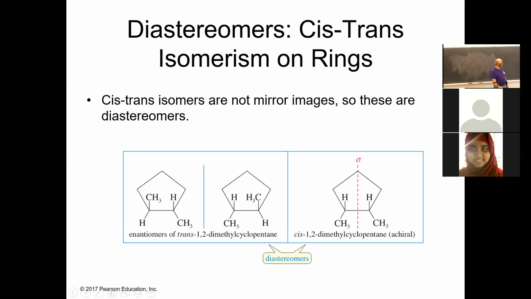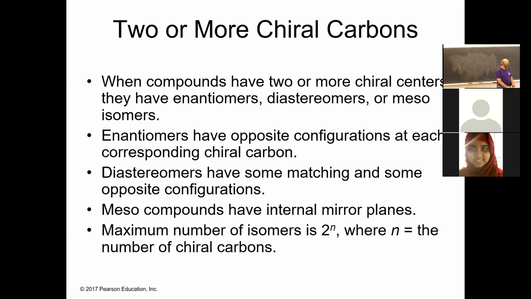Carbons 1 and 2 on the ring represent chiral centers, so there would be a maximum of 4, but there's only 3. If we have 3 stereocenters, then there's 8 possible stereoisomers. If all of those are chiral centers, we would have 4 pairs of enantiomers. If we have 4 stereocenters, then 16.